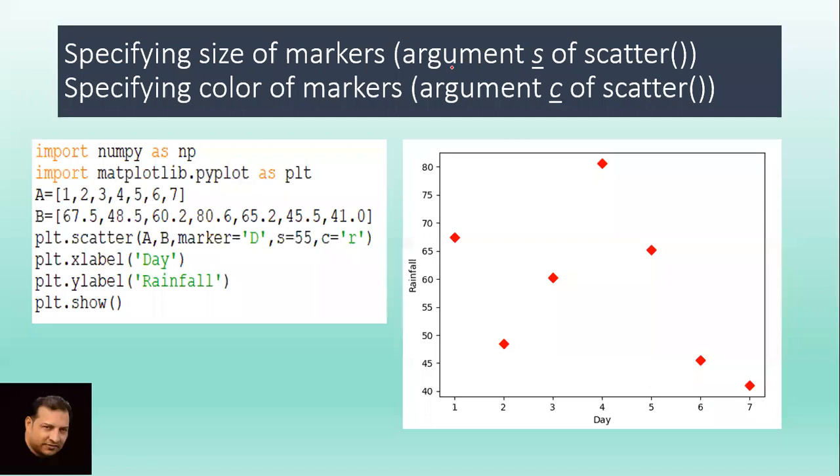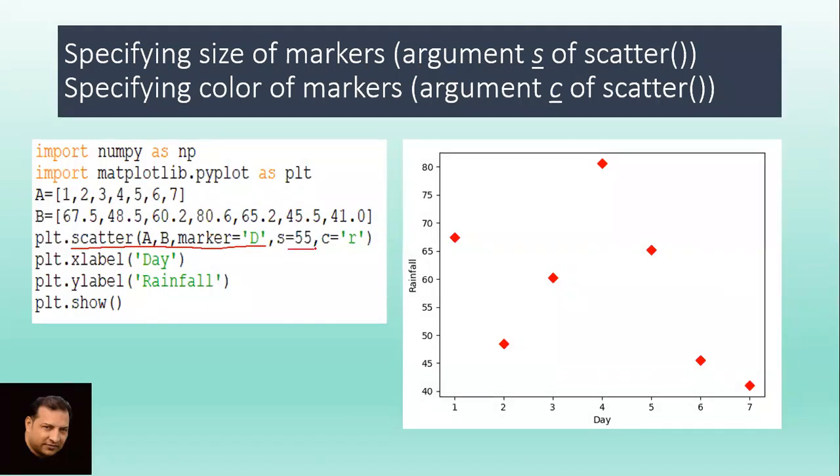Next, specifying the size of markers. For that we use s argument, and specifying color of markers we use c argument. See this statement again. a, b, marker equal to, this time I have taken marker equal to capital D, it means diamond shape. We have small d also, small d means small diamond shape. s is equal to 55, this is the size of diamond.